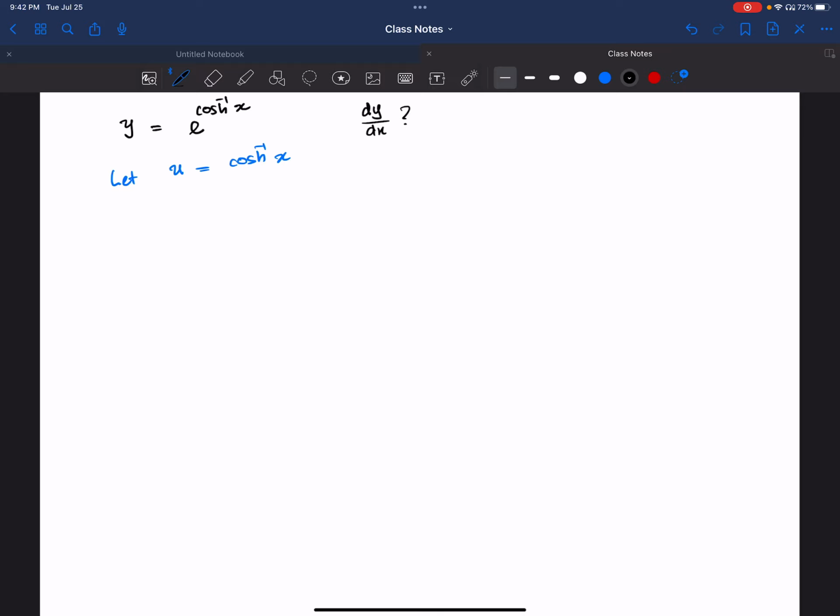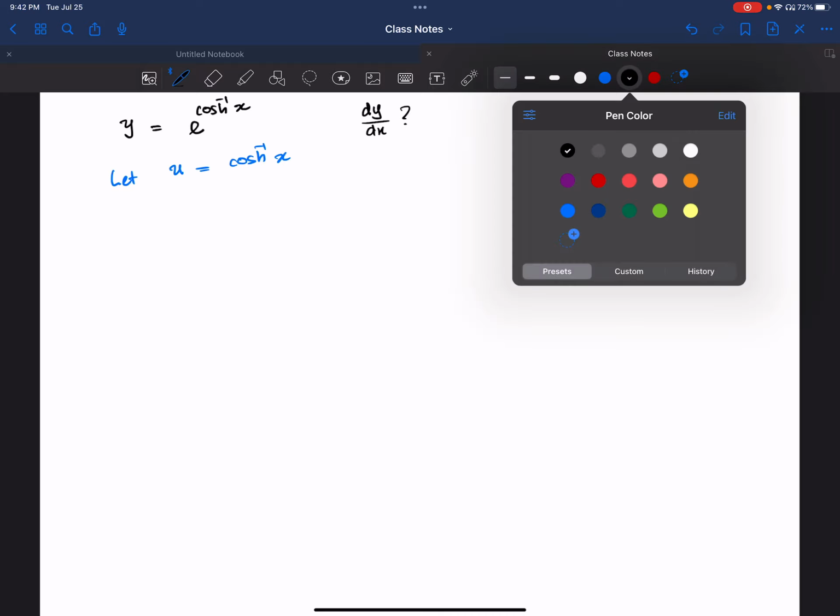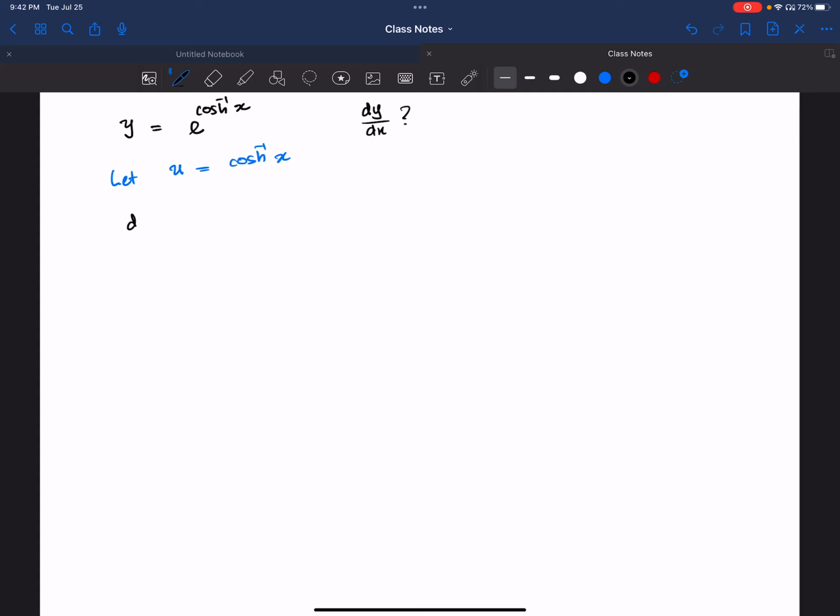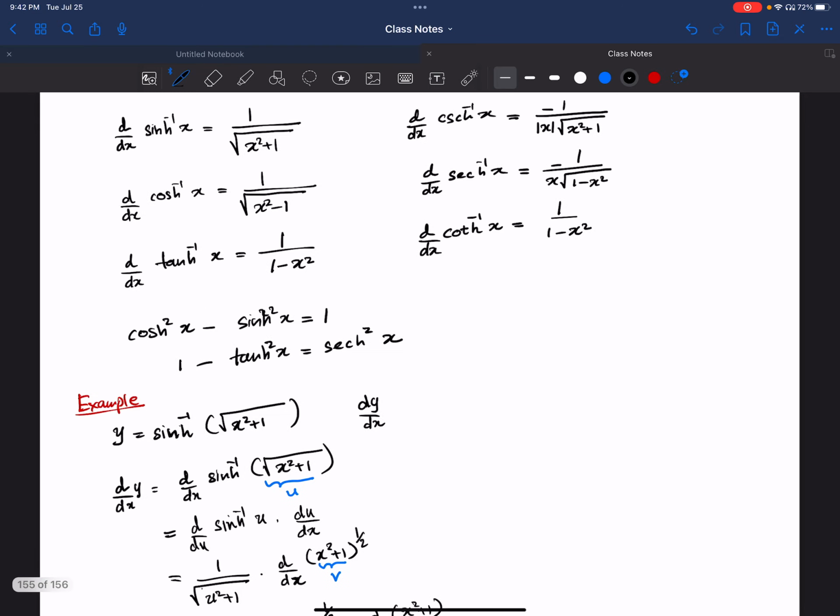So dy over dx is equal to d over du e to the power u, because I define u as cos inverse x, times d over dx cos inverse x. Now, from our previous knowledge, d over dx cos inverse x is equal to 1 over square root of x squared minus 1.